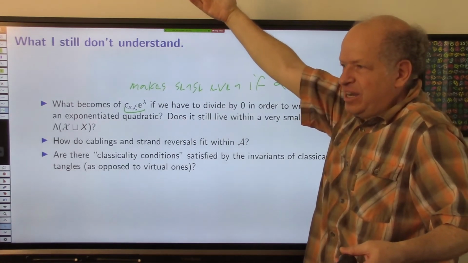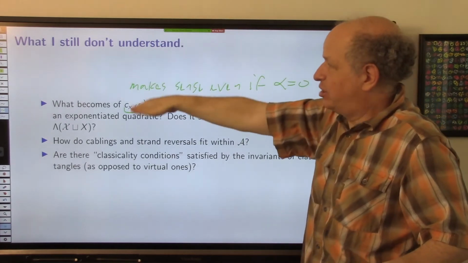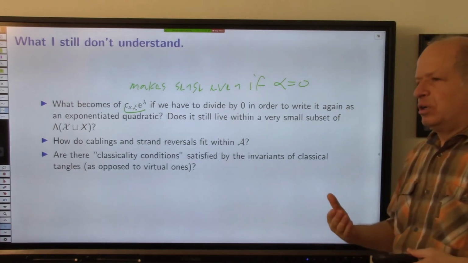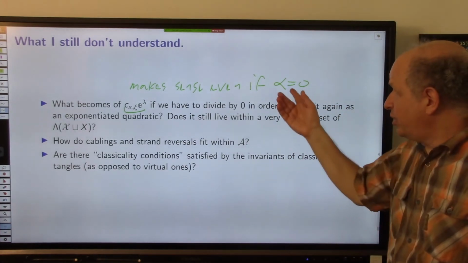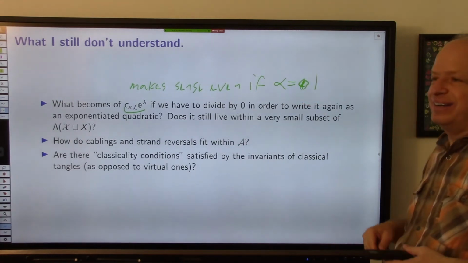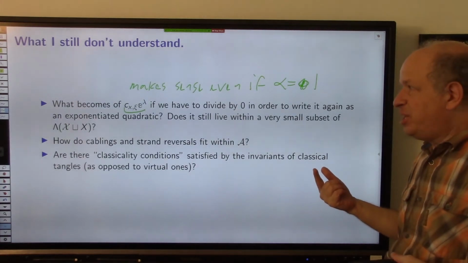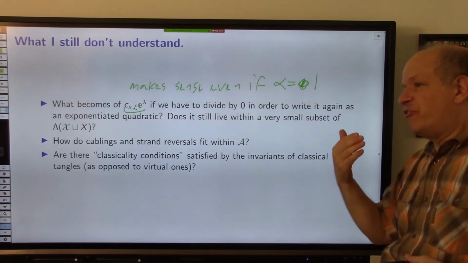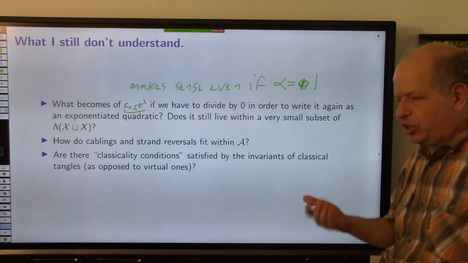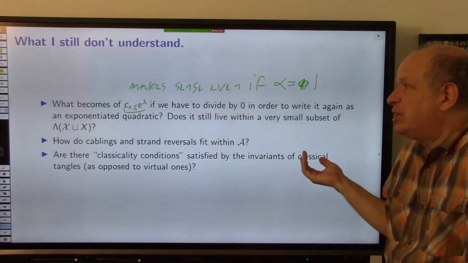Can I extend this theorem about contraction of exponentials so that it will work even if alpha is equal to 1? I will need a different small subset of the exterior algebra. Instead of exponentials, it might be something else, but what will it be? I don't know.